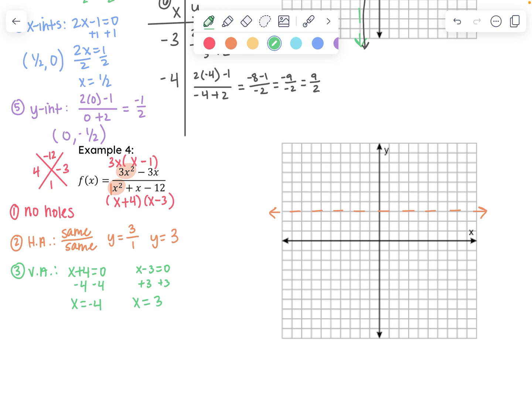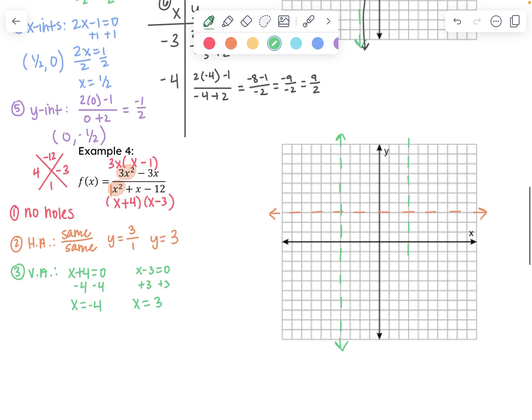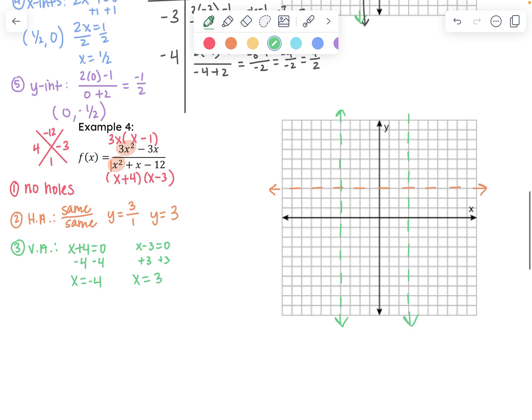So I've got two vertical asymptotes this time. A little bit different. We'll talk about what that means for our graph in a little bit. So there's our two vertical asymptotes.